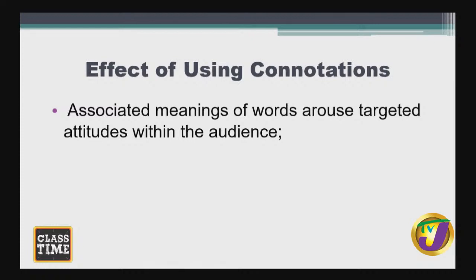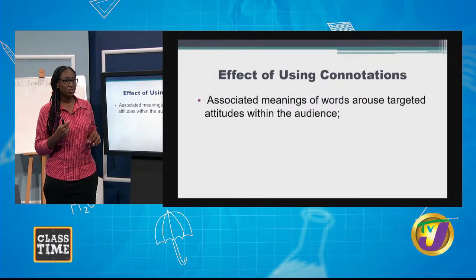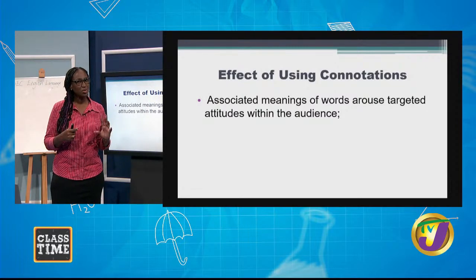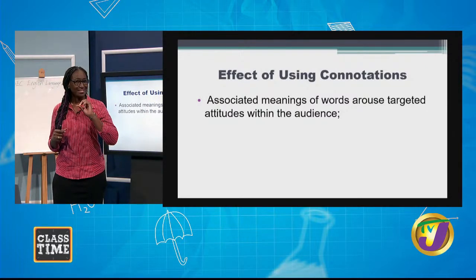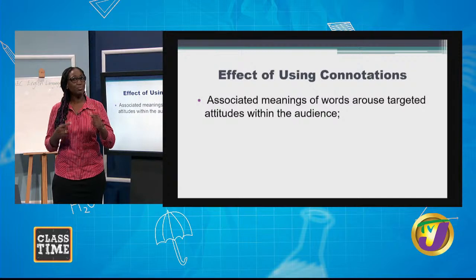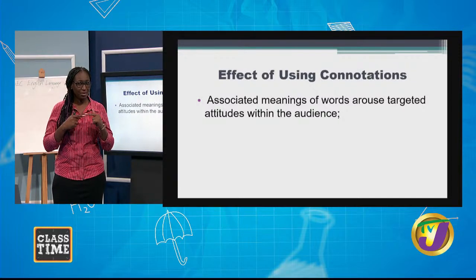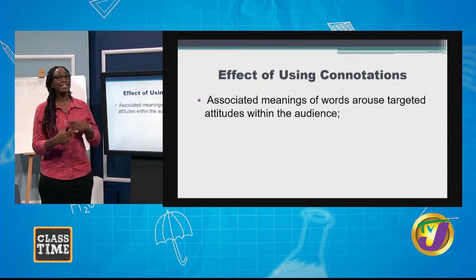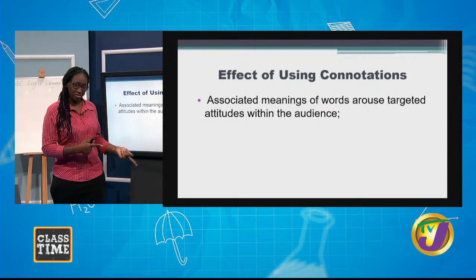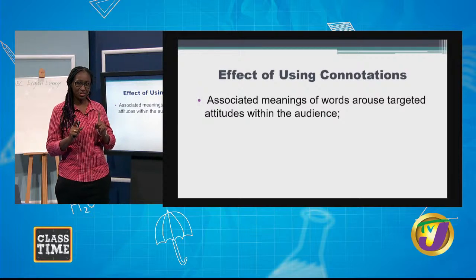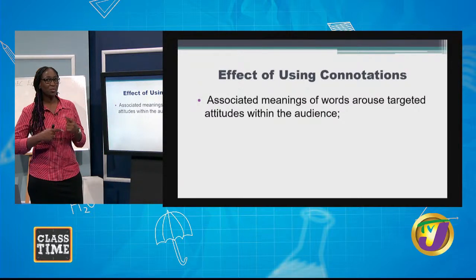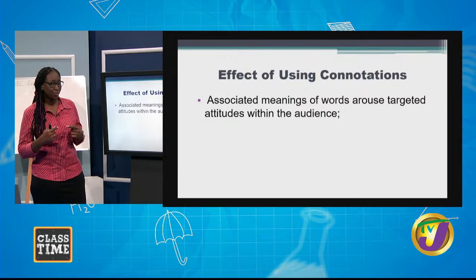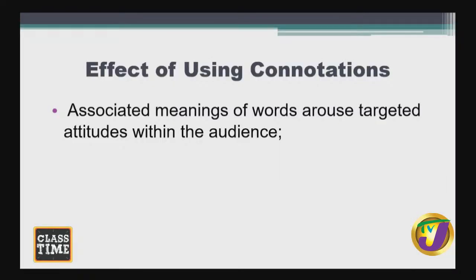You want them to feel sad about something in order to take your side. So yes, it would almost look as if you're saying, but isn't this appeal to emotion? Not exactly, not completely, but they do overlap here because the use of connotative language can lead to an appeal to emotion if you're understanding the connection. So the connotation of a word can help you in making an emotional appeal.